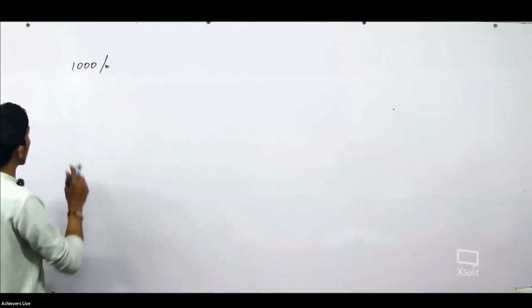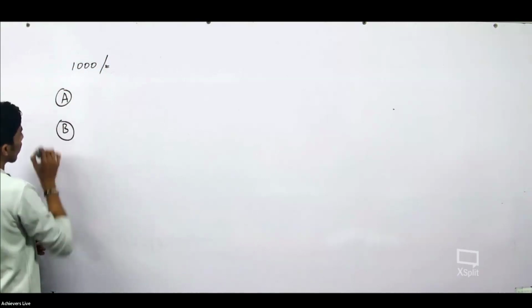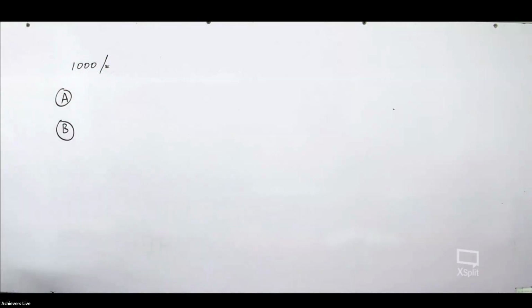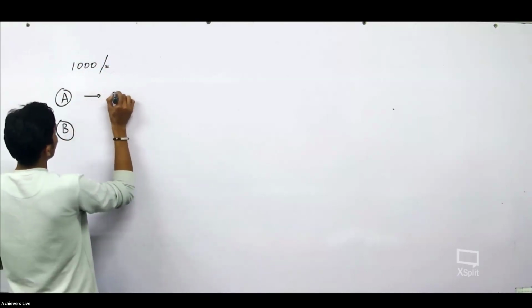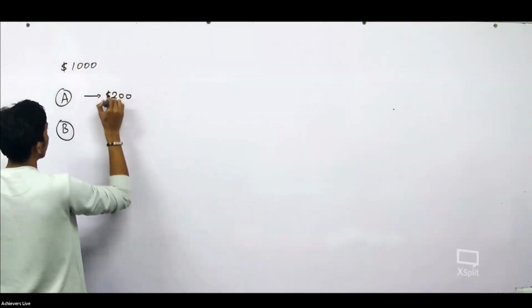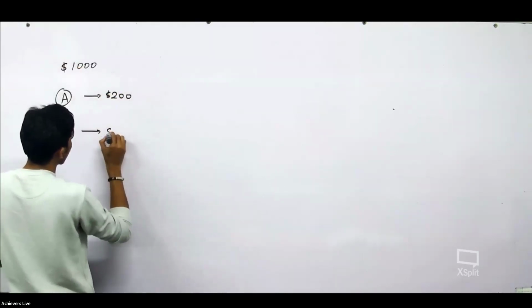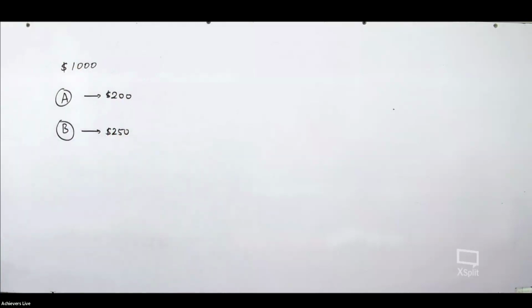Let's say in the market there are two types of goods, A and B. A's cost is 200 rupees. If not, let's make it as dollars, $200. Each unit of B costs around $250. A is 200, B is 250. Now you have only 1,000, limited.